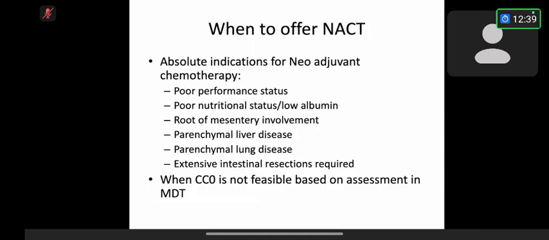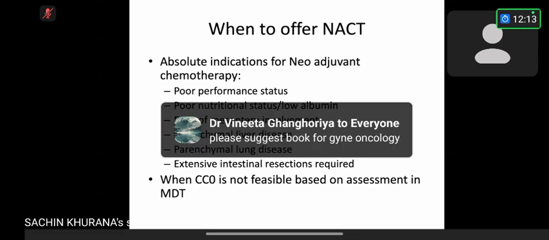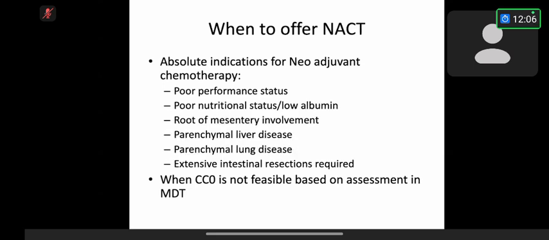Well, it is a little relative, but I would say that there are certain absolute indications which I hope all the surgeons here would agree with: poor performance status, poor nutritional status, root of mesentery involvement, stage 4 disease, be it parenchymal liver or lung disease, and when extensive intestinal resections are required. These, for me, are absolute indications, and I think most surgeons will agree. But the most important thing while deciding for NACT is whether a CC0 resection is feasible or not.